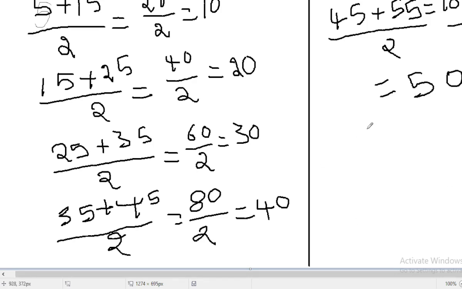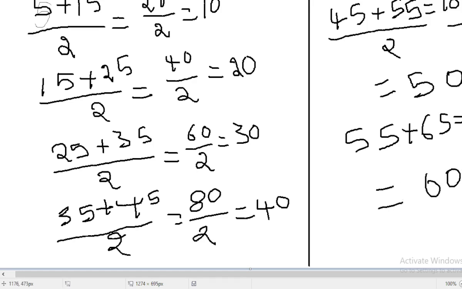Then the last class, 55 plus 65 is equal to 120, by 2, which is equal to 60.